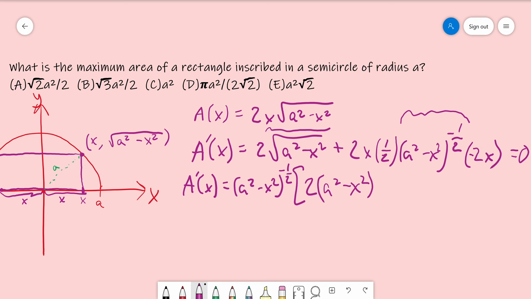You can check that. Plus, well, this 2 and this 2 cancel out, and we have x times negative 2x.